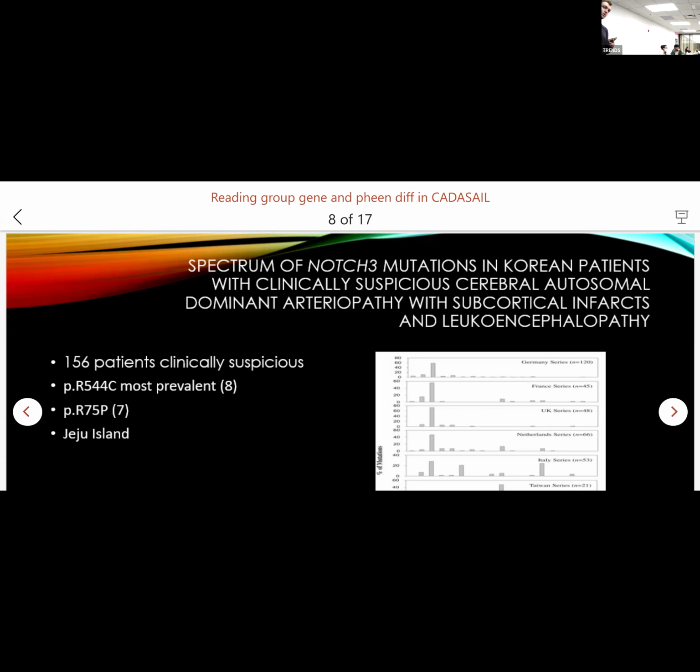In this study, 156 patients with clinically suspicious CADASIL, not previously diagnosed, were tested with qPCR, Western blotting, and another genetic test, and they reported their findings, proposing that the R544C variant was the most prevalent.